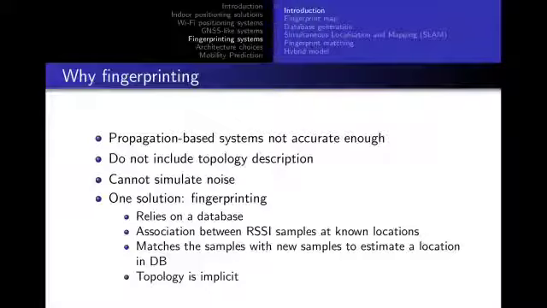Fingerprinting relies on a database in which we associate RSI samples to known locations. So basically we map the RSI samples to known locations. Then we locate the device by using its own sample, which has no location associated with the content of the database.